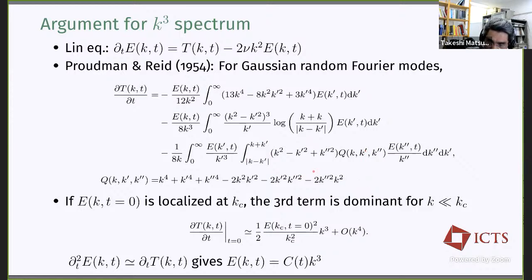Then we can simplify this expression, and we arrive at the time derivative of the transfer function at time t0 being given by k to the third power, and this gives us the k to the third energy spectrum for the short time evolution. So this is an argument for the k^3 spectrum, which develops just after, for the short time evolution of the localized energy spectrum.